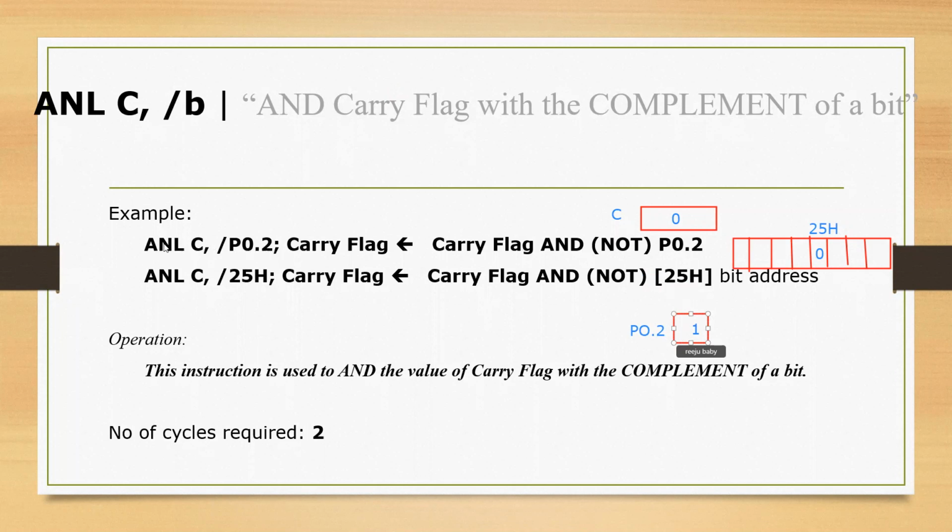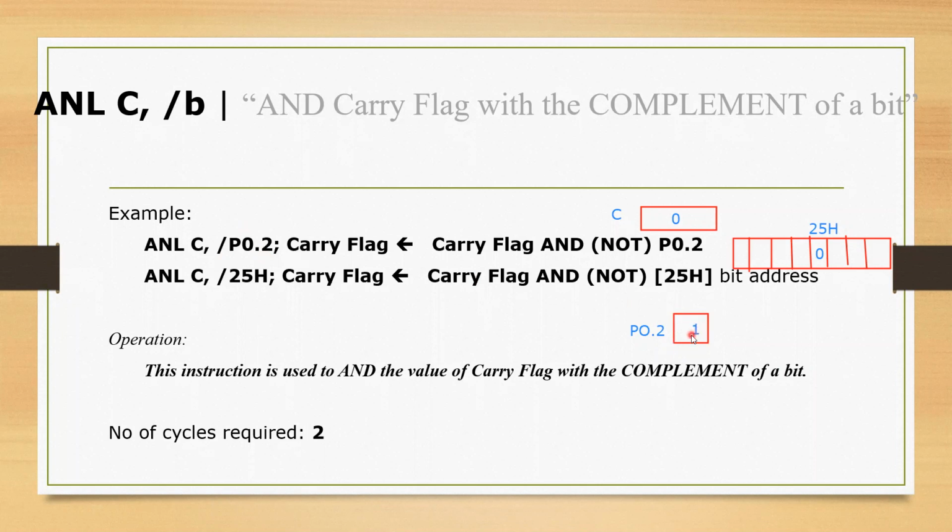So we are ANDing the carry flag with the complement of a bit. That is, /P0.2 means P0.2 contains some value and its complement is taken.